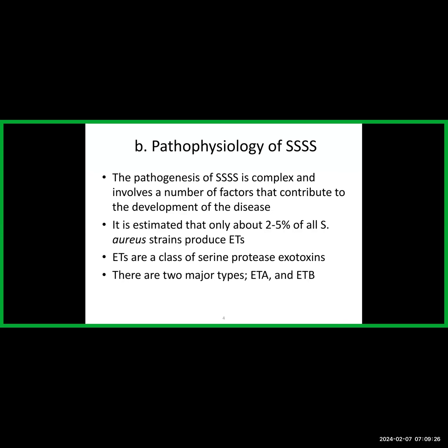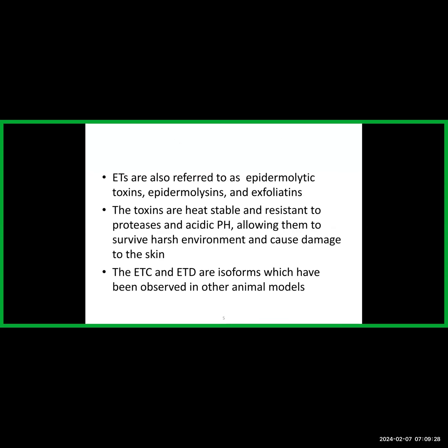There are other isoforms, the exotoxin C and D, which have been observed in other animal models. The exotoxins are also referred to as epidermolytic toxins or epidermolysins or exfoliatins.